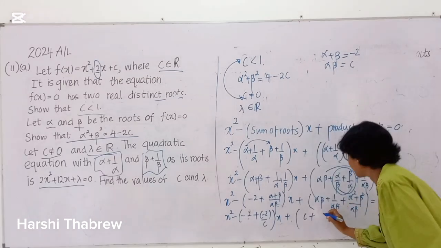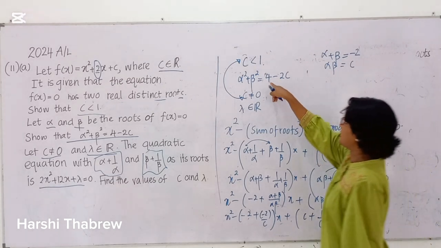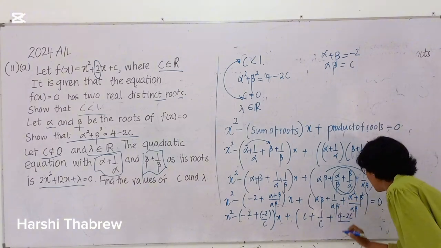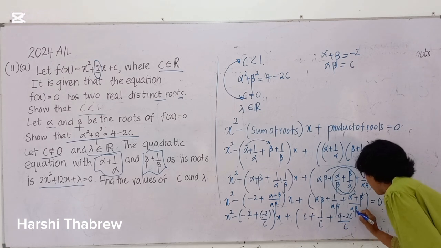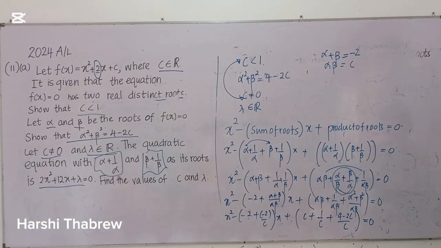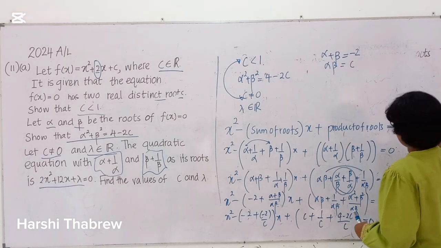Okay, 1 over c plus alpha beta squared equals 4 minus 2c over c equals c. Okay, now I will write the rest of the parts here.